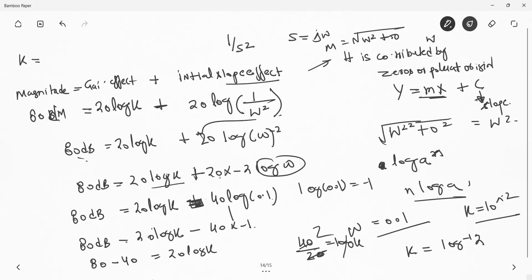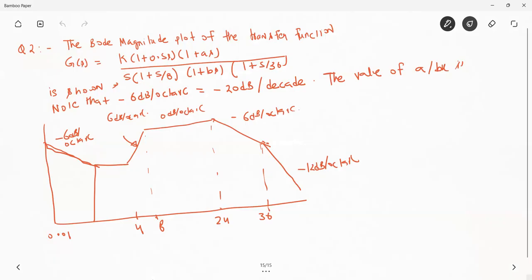Suppose it was 20 log k equal to 100, then k would have been 10 power 5. This is the same thing.